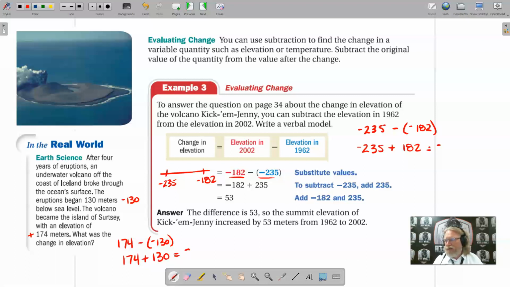That would be 304, I believe. 304. Let's check my mental math. 174, 130, 4, 10, 1, 3. Yep, indeed it would be 304. So the important thing is on this, whenever you're trying to find the difference of something, make sure you're doing the greater value minus the lesser value.